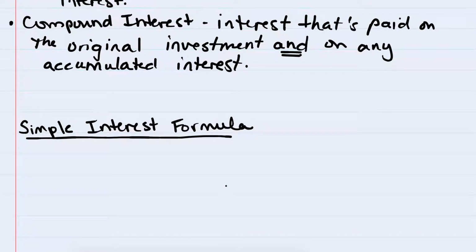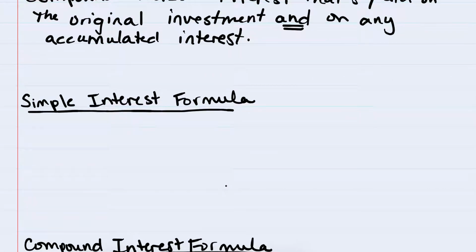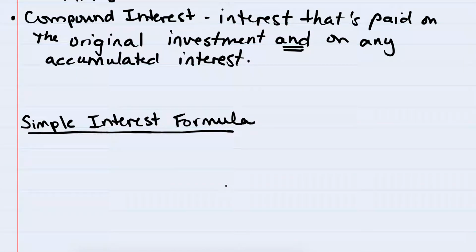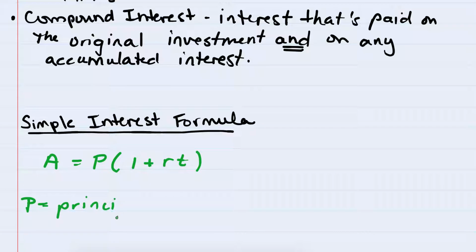So there's going to be a formula for the simple interest and for compounded interest. Let's talk about the simple interest first. So this formula is A is equal to P times 1 plus RT. So P is going to be your principal. And what I mean by principal is that's your investment, what you're going to put into your savings account, your starting point.